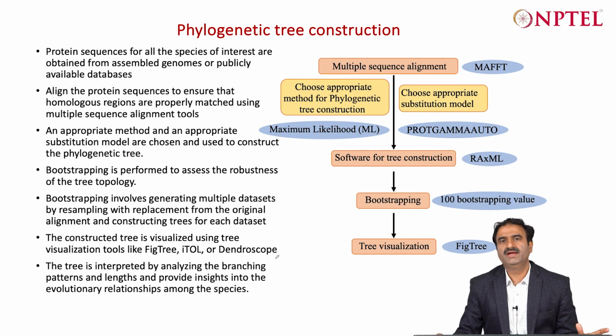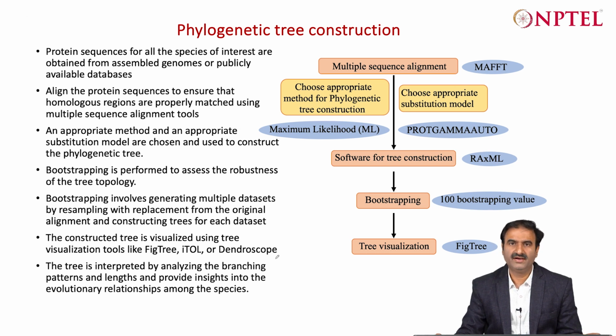Okay, so if we see the overall method of how we go about a phylogenetic analysis, first of all we should have the genome or the sequences that you are interested in, based on the hypothesis and your research problem. Those sequences you will find in the public databases. You should download them into the same format for each species.